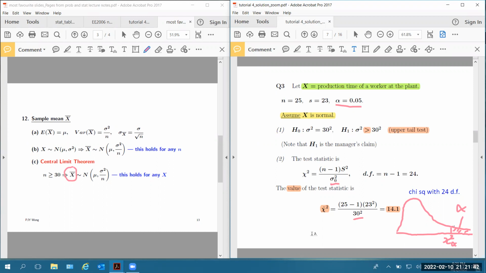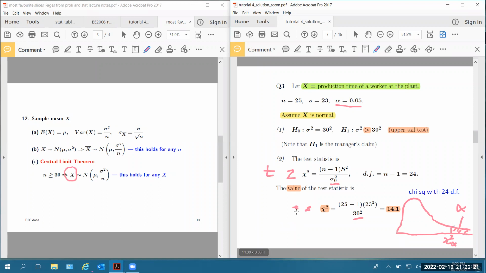What's the meaning of the hat again? Actually, nothing. Just to indicate that it is the value of the test statistic. Previously we sometimes have a Z test statistic, and when you come to the value, you put a small z. We also have a T test statistic, and for the value you write a small t.